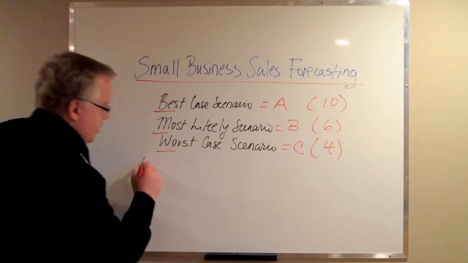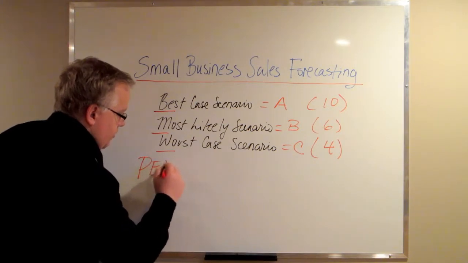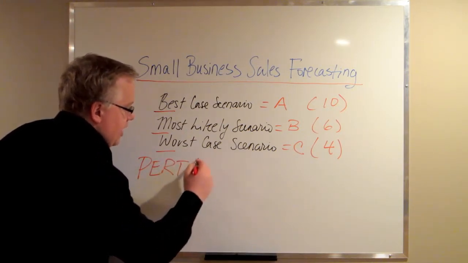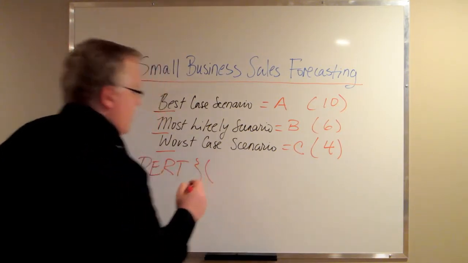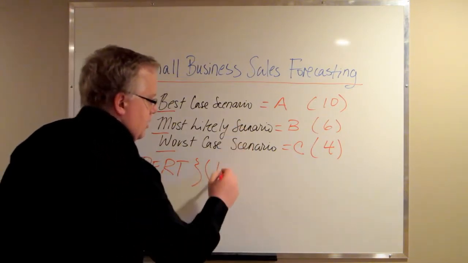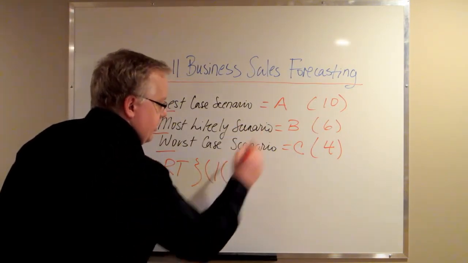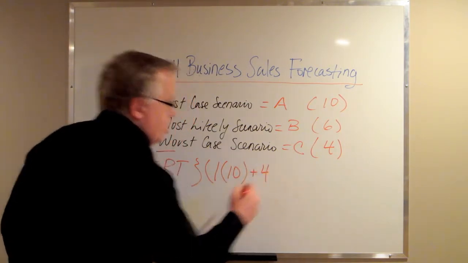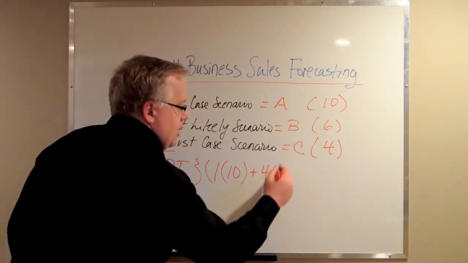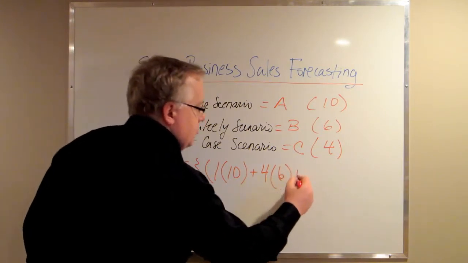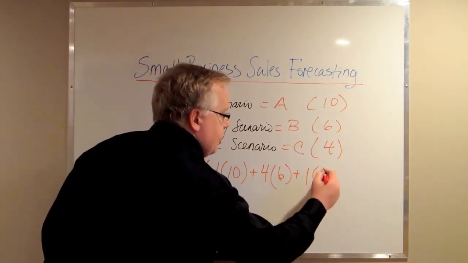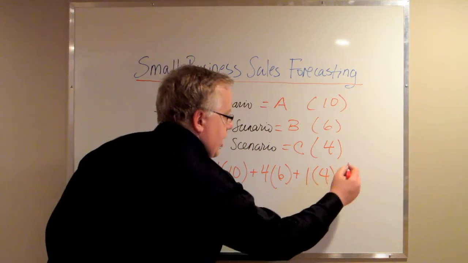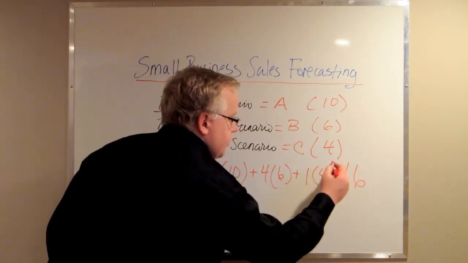Now the PERT calculation is fairly straightforward. PERT says you take 1 times A, which is 10, plus 4 times B, which is 6, plus 1 times C, which is 4, and you divide this by 6.